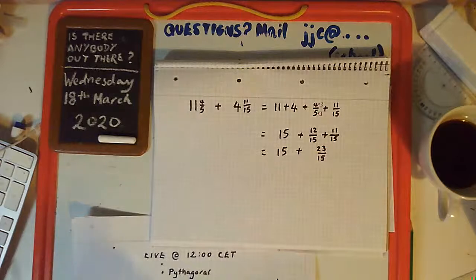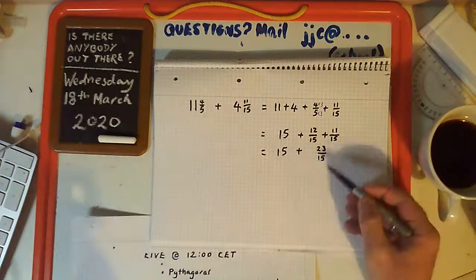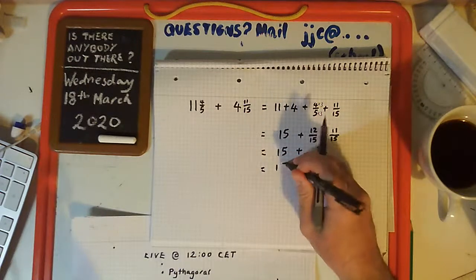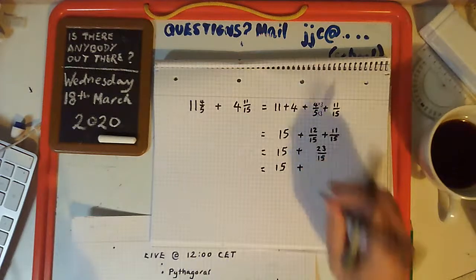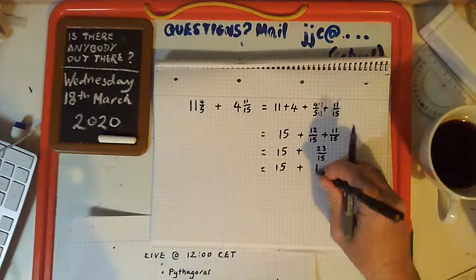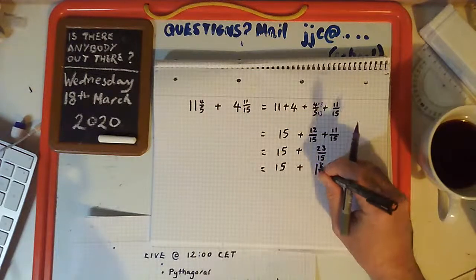The problem with that is that 23 fifteenths is, well, there's lots of words for it: a top-heavy fraction, a vulgar fraction, an improper fraction. There's more on the top than on the bottom. So I'm going to take that 23 fifteenths and say 15 goes into 23 one time with 8 left over.